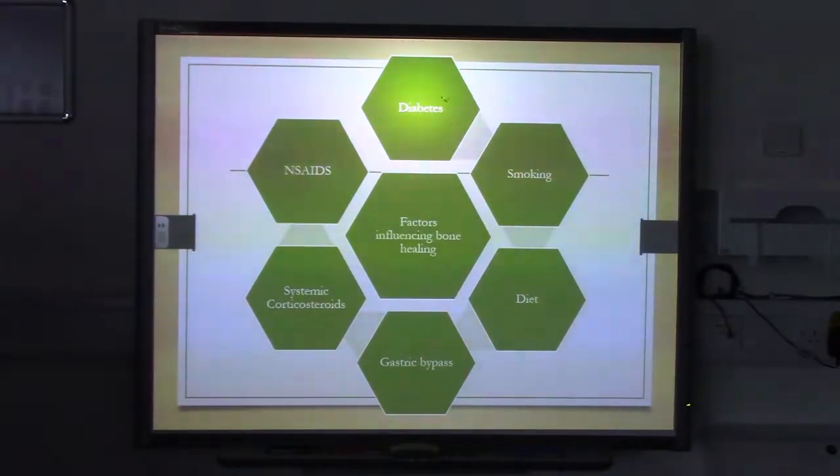Smoking is going to cause fatty deposits, therefore having an impact on the blood supply to the site of injury. If somebody has had a gastric bypass, this is going to impact on calcium absorption as well as vitamin D absorption, which is also going to have an impact on bone healing. Diabetes, where we potentially have peripheral vascular disease and neuropathy, is going to have an overall impact on healing as well.